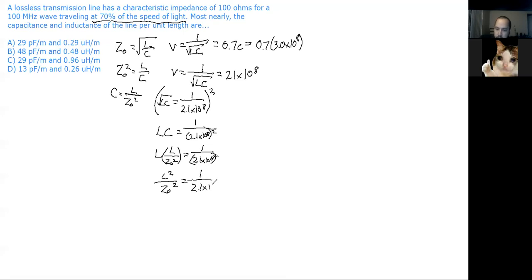So now up to this point, we've got L squared over Z naught, characteristic impedance squared, is equal to 1 divided by the square of the wave's velocity. So Z naught is 100. So that means we're going to go L squared over 100 squared. That's 10,000.